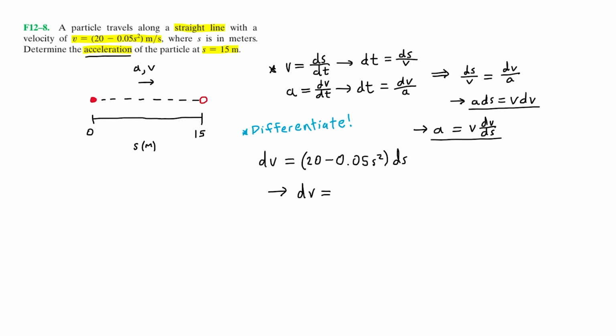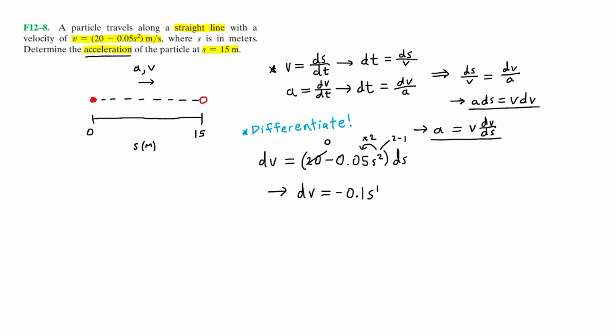The derivative of 20 is 0. For the derivative of 0.05 s squared, we multiply the 2 by 0.05 and subtract 1 from 2, which leaves us with negative 0.1 times s to the power of 1.